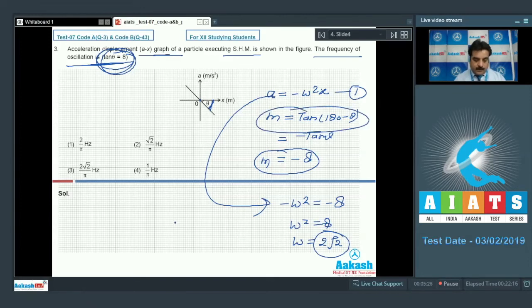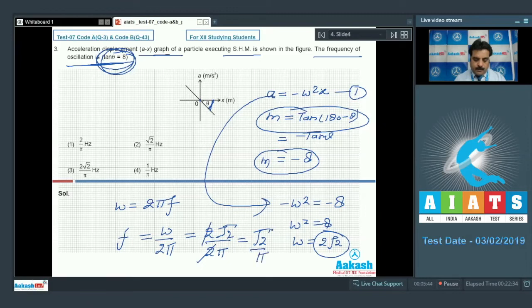Now for the frequency, omega is equal to 2 pi f, so f is the frequency, omega upon 2 pi, and the value of omega is 2 root 2 divided by 2 pi. 2 will cancel, so you will have root 2 upon pi only. So option number 2 will be the right choice.